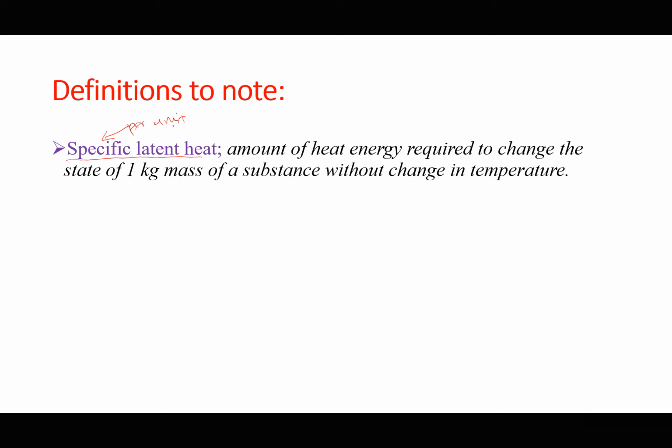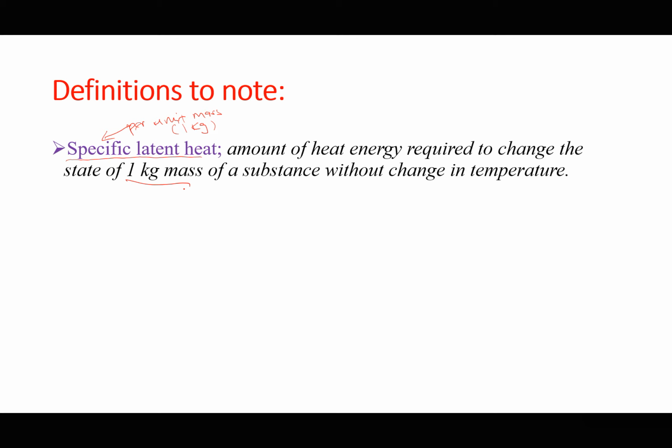Specific will be referring to per unit mass. That is 1 what? 1 kilogram. So the amount of heat energy required to change the state of 1 kilogram of a substance without change in temperature is going to be called the specific latent heat.